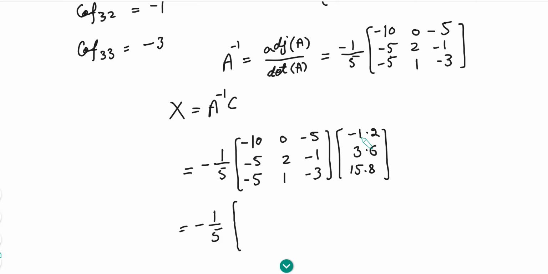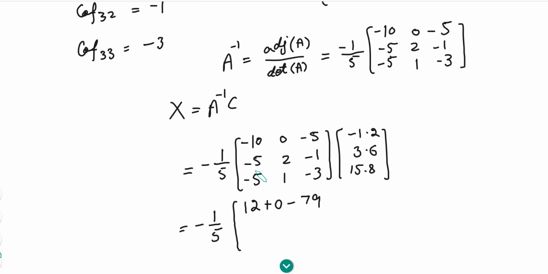Negative 10 times negative 1.2, the answer is positive 12. Now plus 0 times 3.6, answer 0. Then negative 5 times positive 15.8, the answer will be negative, and that is 79.